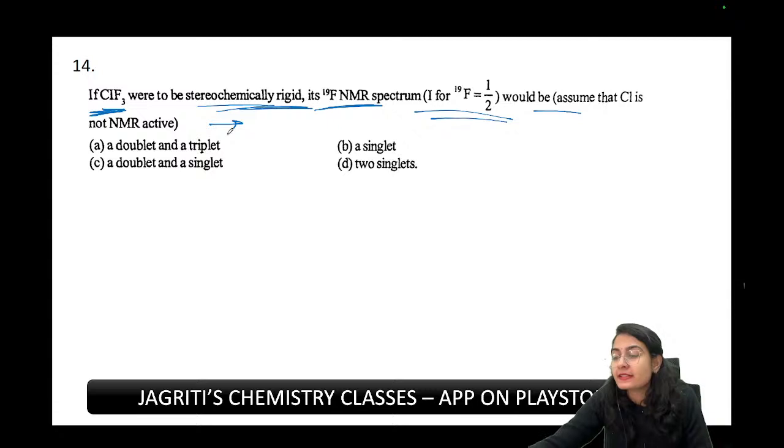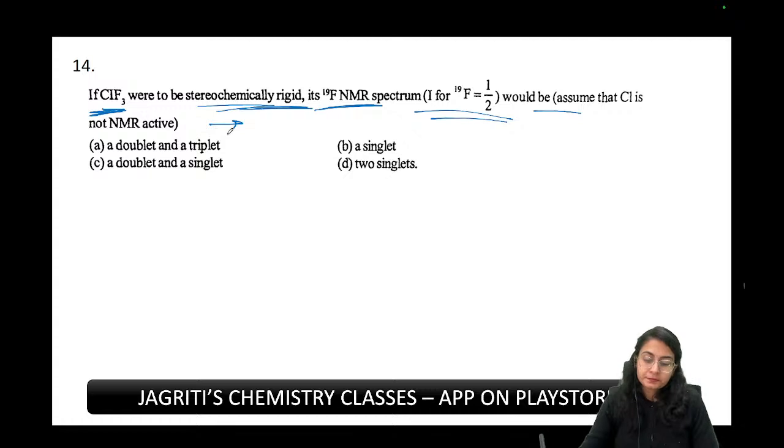All right, guys. Again, stereochemically rigid. Chalo, let's try this out.